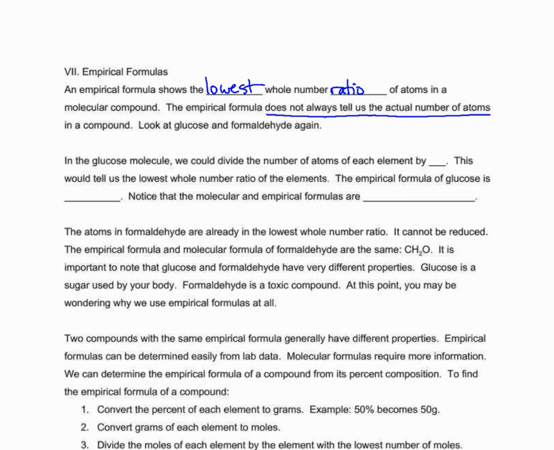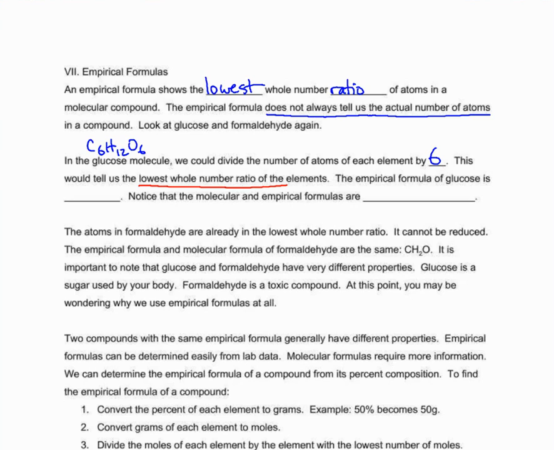In the glucose molecule, let's write this down again. You could reduce this number by dividing the number of atoms by 6. You can take a 6 out of the carbon, 6 out of the hydrogen, 6 out of the oxygen. This would tell us the lowest whole number ratio of the elements.